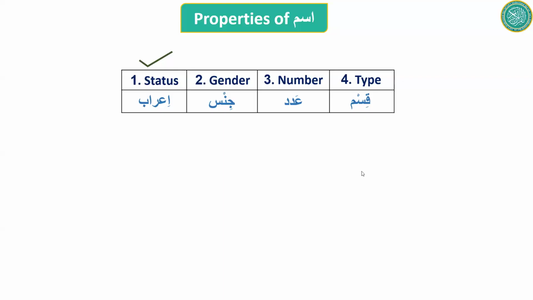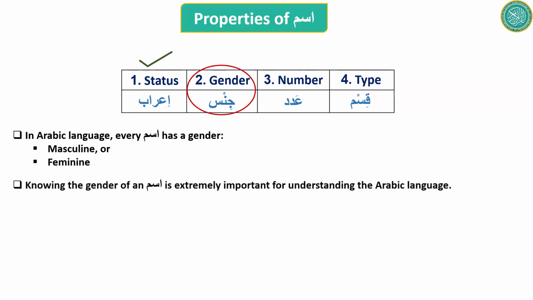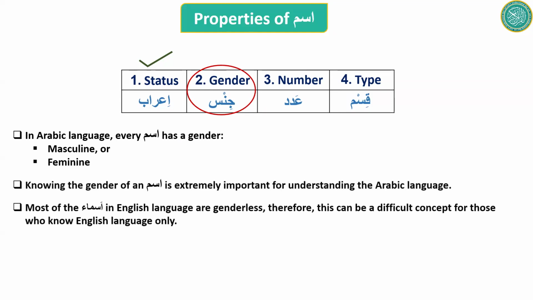Then we started our study of gender. And then we said there are two types of gender. Every ism will be either masculine or feminine. And this is a concept which may be foreign to people who only know English, because in English, most of the ism don't have a gender.